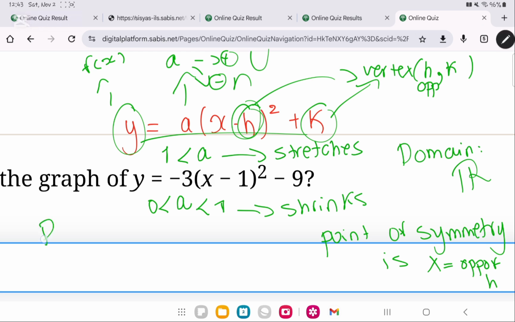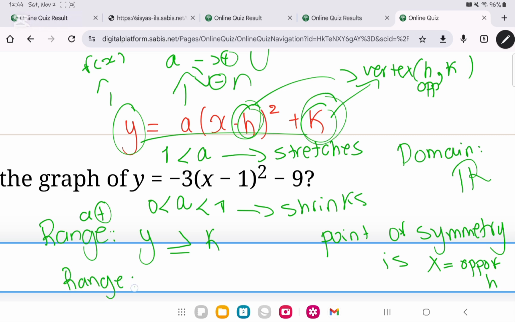And finally, our range is y, and it depends on a. If a is positive, then the range is y is greater than or equal to k. However, if a is negative, it is y is less than or equal to k.